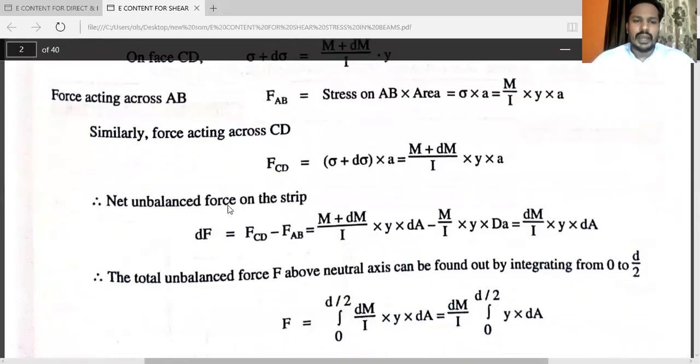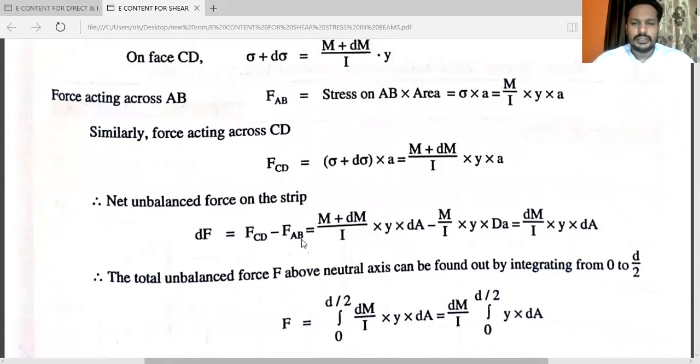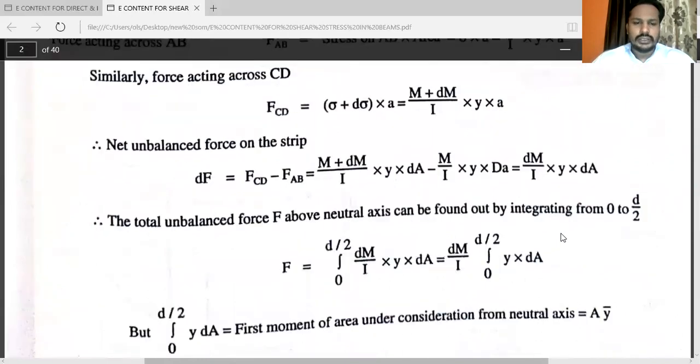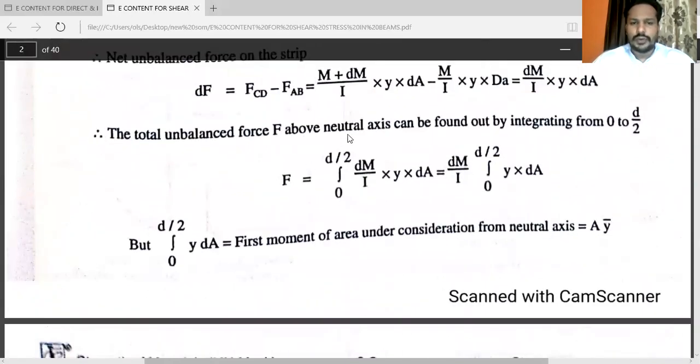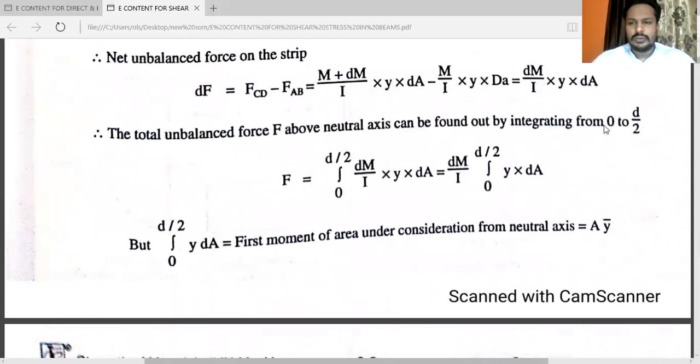Now the net unbalanced force on the strip is F_CD minus F_AB. So delta F is equal to dM upon I into Y into dA. The total unbalanced force F above the neutral axis can be found by integrating from 0 to d by 2. So here you can see the limits.